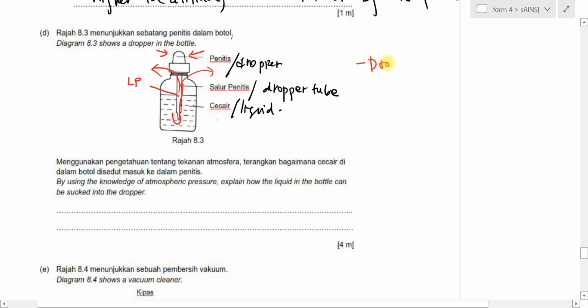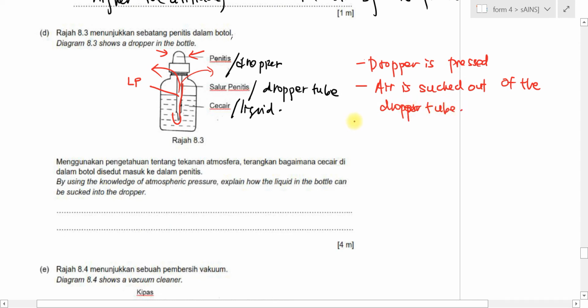Okay, so: the dropper is pressed, air is sucked out of the dropper and dropper tube. These create a low pressure region inside the dropper tube.